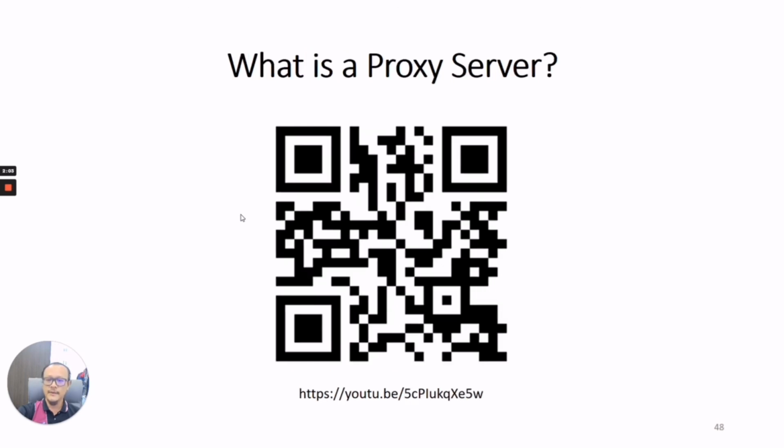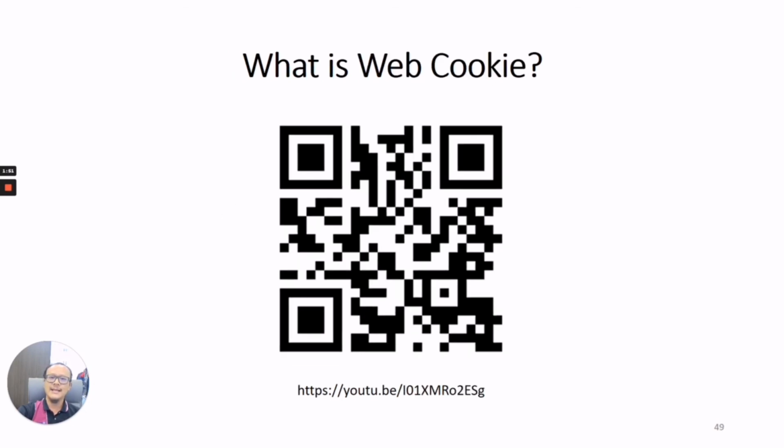On top of that, I would like you to study the proxy server. What is a proxy server? You can also scan the QR code and watch the video on YouTube. And lastly, I would like you to look at web cookies. What are web cookies? All these three are related to the application layer, and I hope that you can learn something from this.